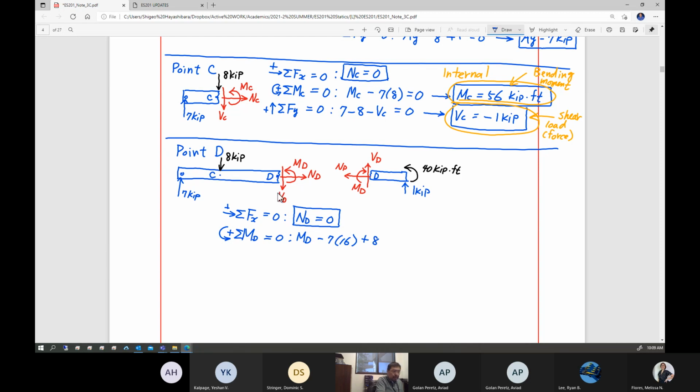Distance from C to D is, I believe, 8 feet. Let's set equal to 0. This is going to give you MD, internal loading, 48 kip-foot.